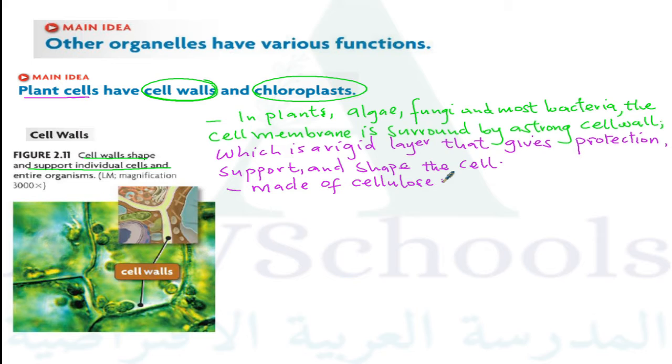If you look at the figure there, figure 2.11, you can see that the cell walls of multiple cells can adhere to each other to help support. They will be interconnected so that they aid in giving the cell support.